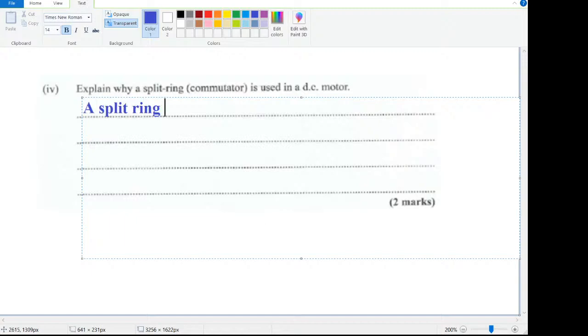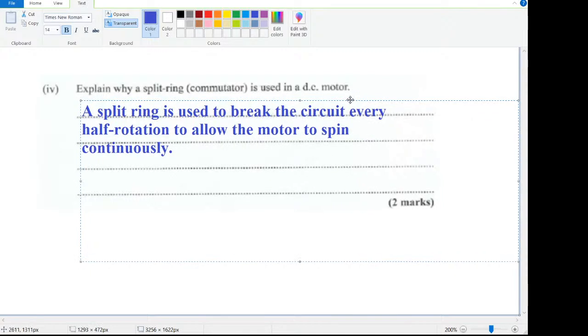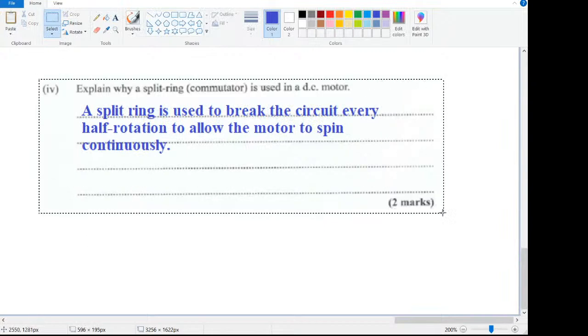A split ring is used to enable the motor to keep spinning, or to break the circuit every half rotation to allow the motor, or the loop, to spin continuously. So it won't go in reverse. If you say that, it will work.